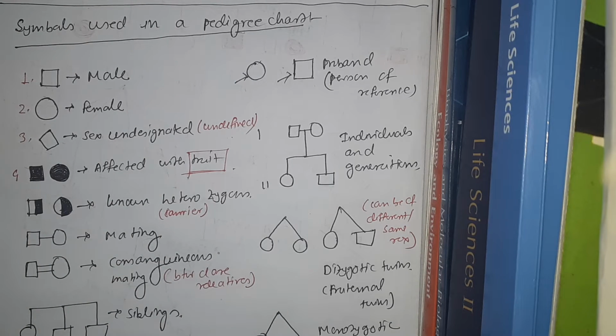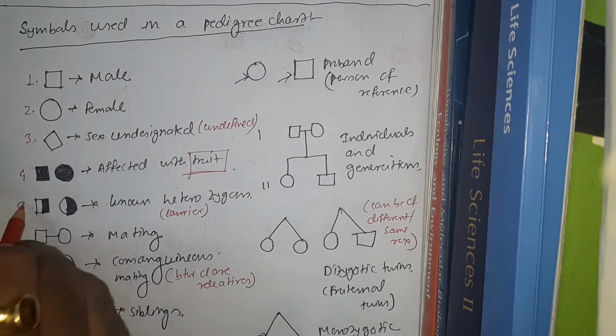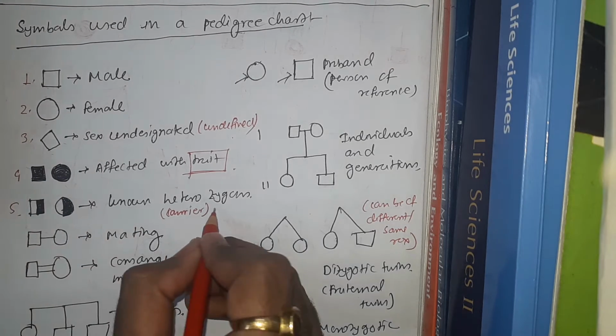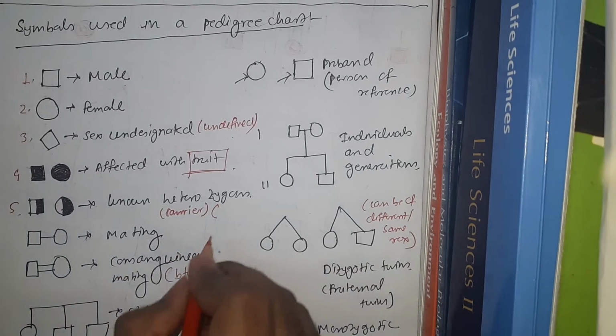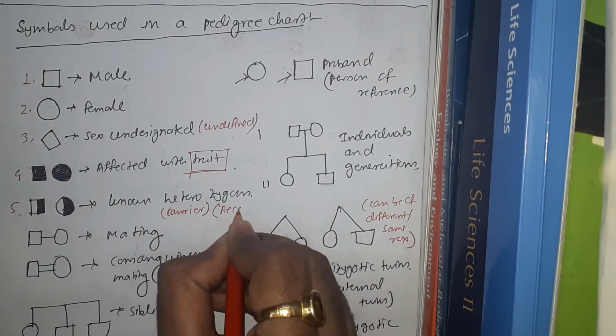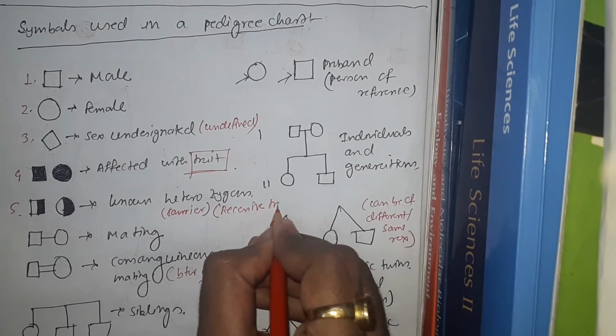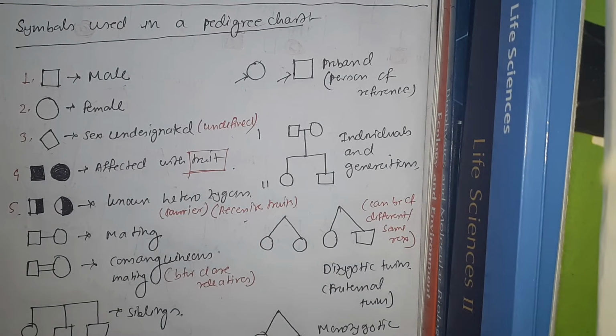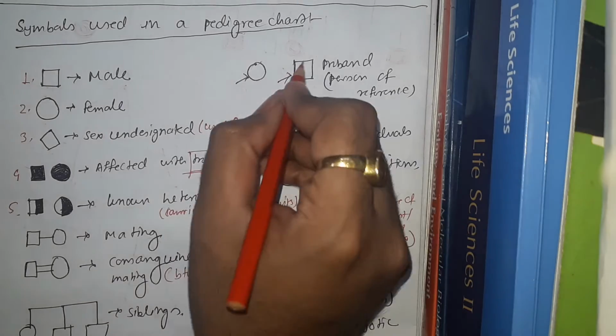And if you find a half-filled symbol, you can say those are carriers, and you will only find these in case of recessive traits, no matter whether it is autosomal or X-linked. Now the question is why?